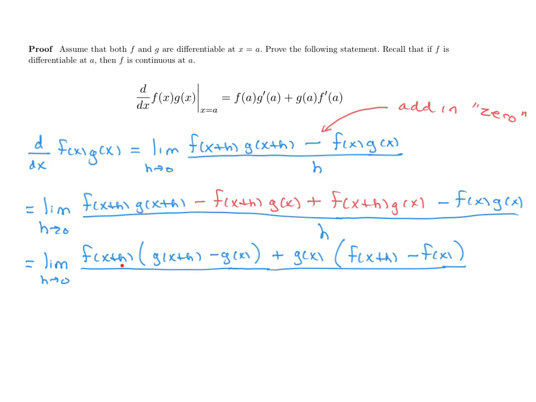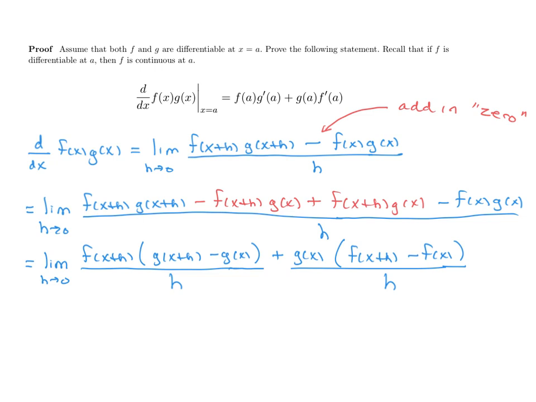Now, this whole thing is divided by h. That means I can actually split this up into two fractions and say, okay, it's this whole thing divided by h and this whole thing divided by h. This line and this line are equivalent to each other because we have a common denominator. You could add these back into a single fraction where h was the only thing in the denominator.